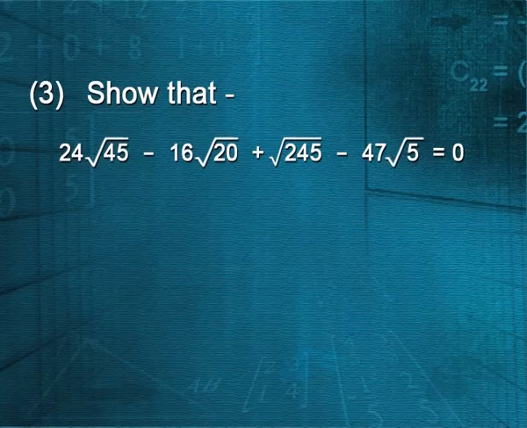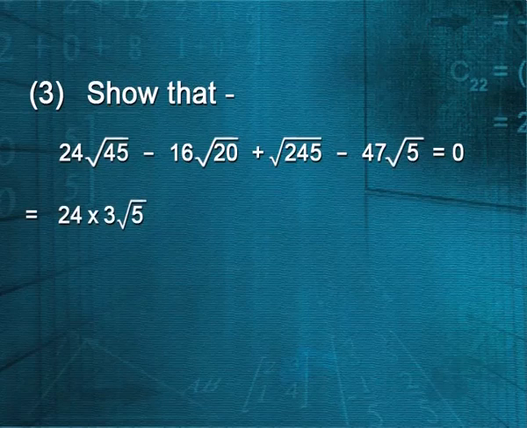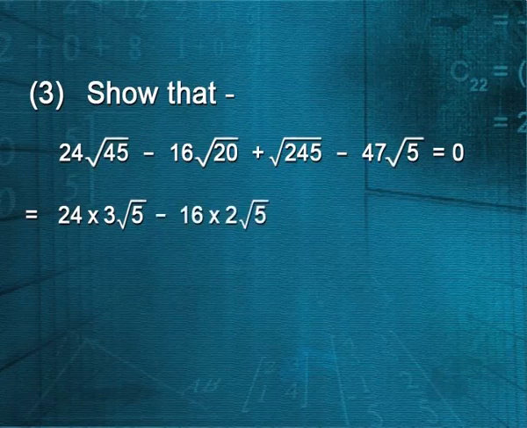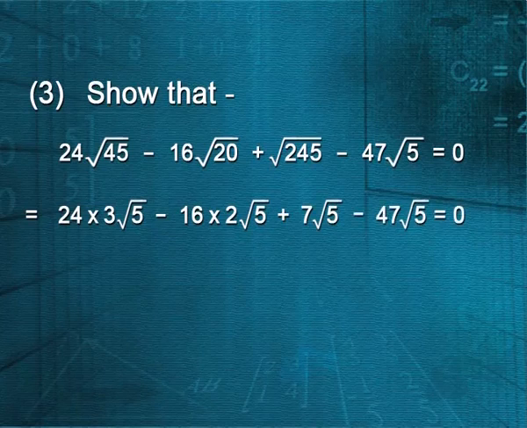24 root 45 can be written as 24 into 3 root 5, minus 16 root 20, where root 20 can be written as root 4 into 5, and taking 2 outside you will get 16 into 2 root 5, plus root 245, which can be written as 7 root 5, minus 47 root 5 as it is, because it cannot be simplified further.